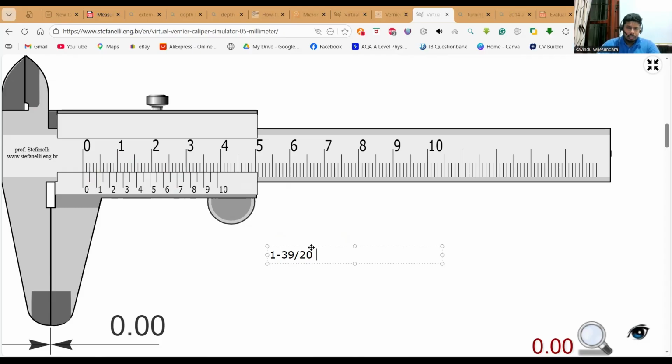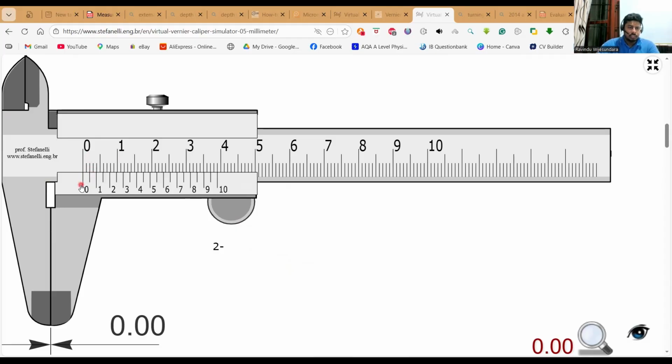For this vernier caliper, if you look closely, the first vernier division is much closer not to the first division but to the second division. So when writing the equation, you should write not 1 minus but 2 minus.